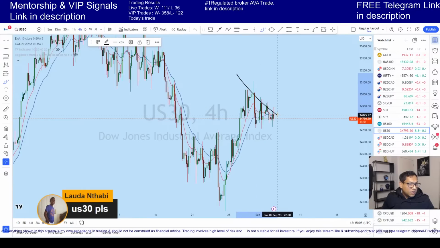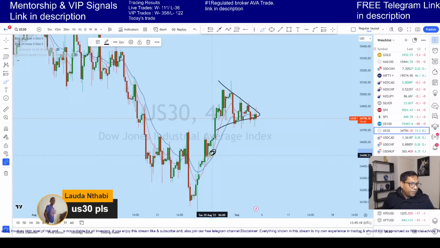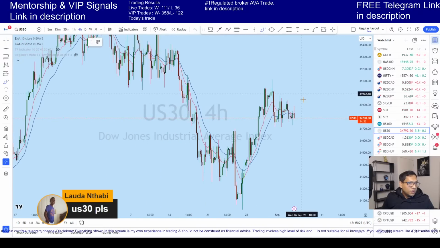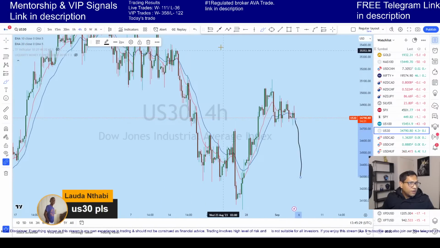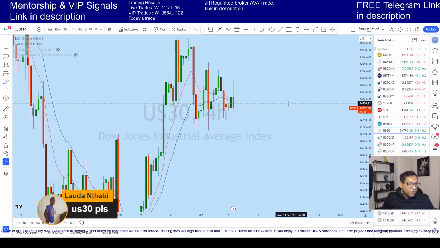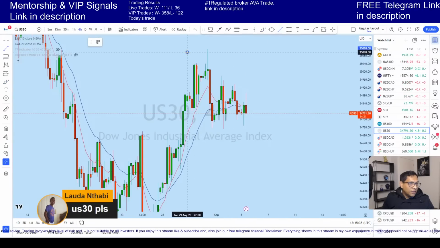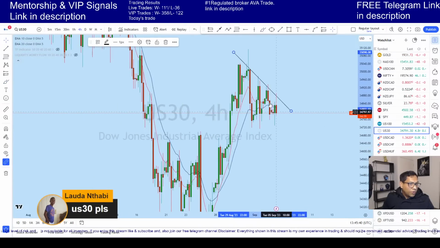With this impulse followed by a triangle, we see that the price from this triangle started to break, and as you can see, whenever the price approaches this resistance line on US30, it's trying to break.